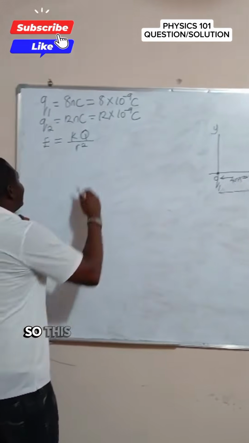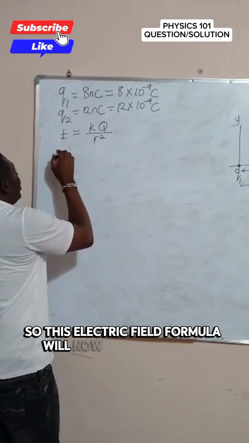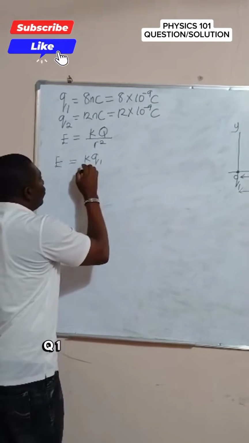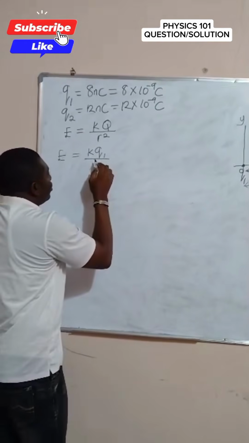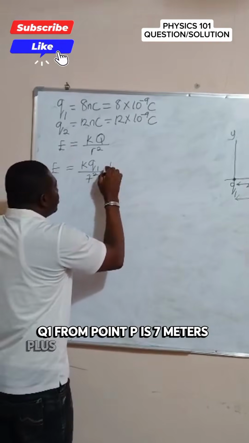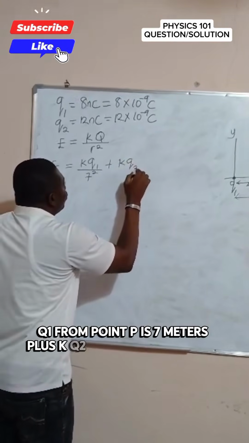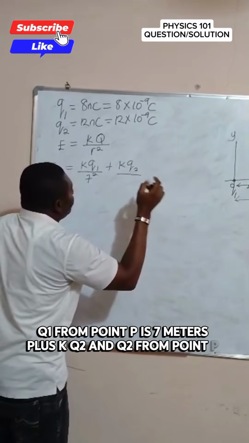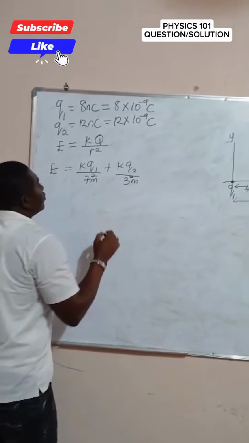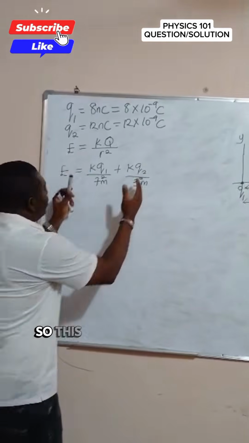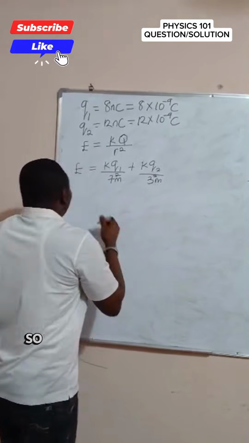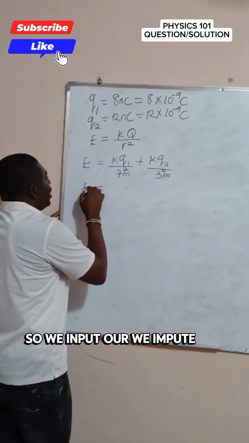So this electric field formula will now be written as E equals K Q1 over R square, where R is the distance. Q1 from point P is 7 meters, plus K Q2 over 3 meters squared, since Q2 from point P is 3 meters. So this will give us the net effect of the electric field on point P. So we input our values.